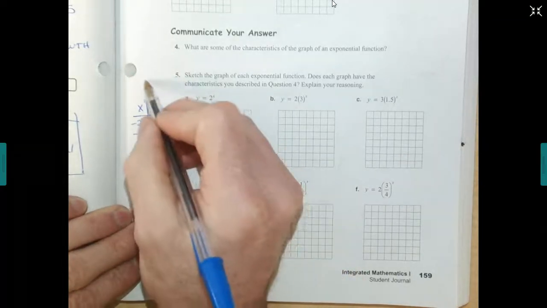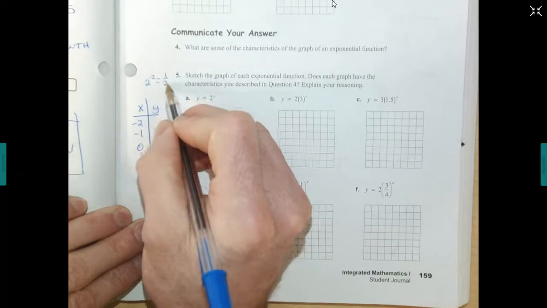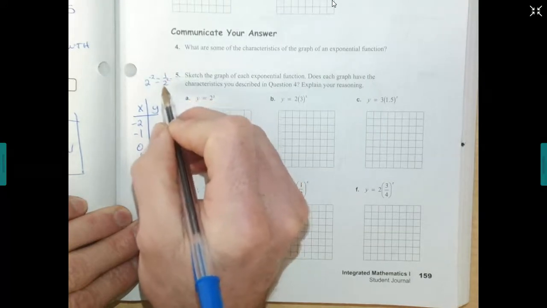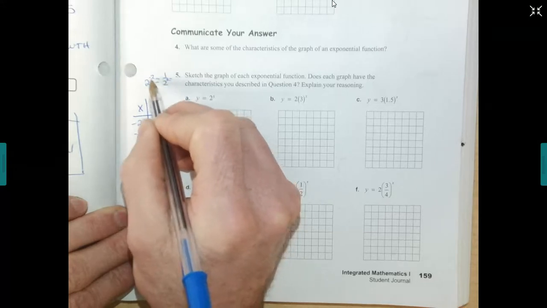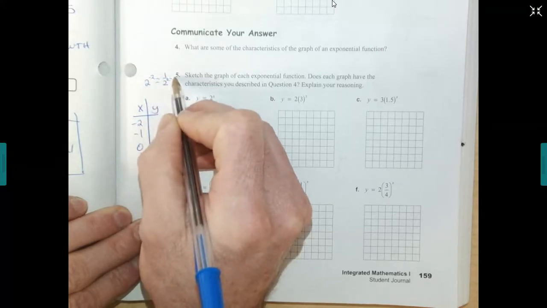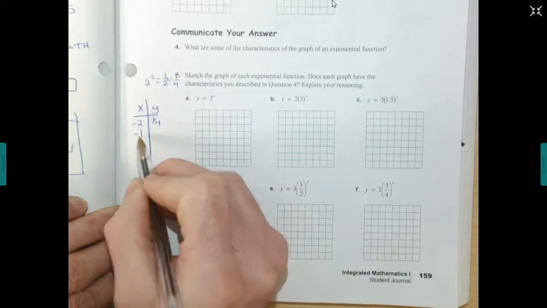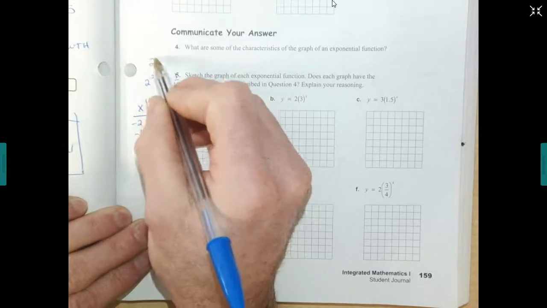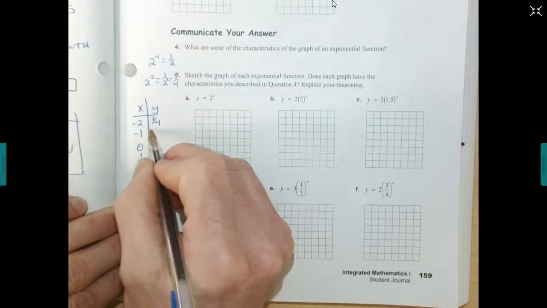So if I have 2 to the -2, that's 1 over 2 squared, right? I write it as a fraction. If I have a negative exponent, I write it in a fraction. So I have 1/4. 2 to the -1 equals 1 over 2, so that would be 1/2.